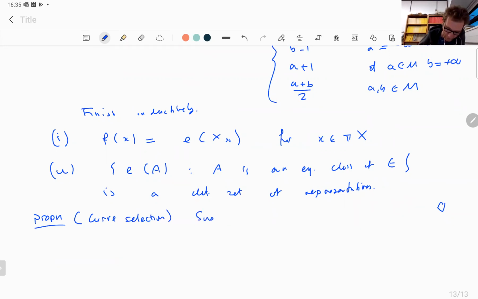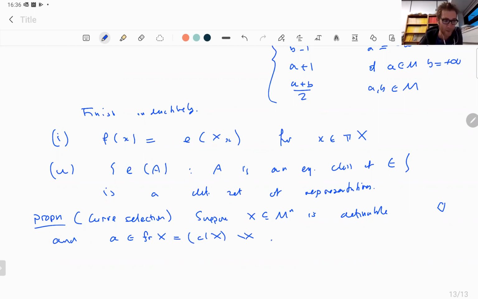So suppose X is definable, and I have a point a in the frontier of X. So that's the topological closure of X minus X. Then I can find a continuous definable function that's injective from some small interval 0 to epsilon to X, whose limit as I go to 0 is a.